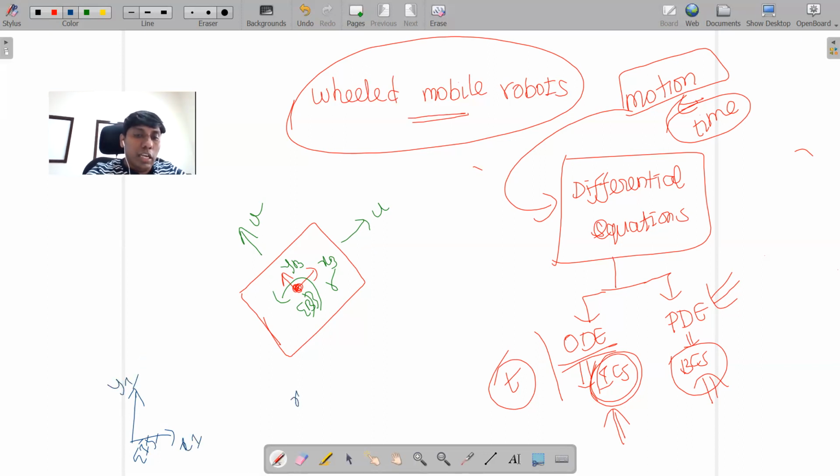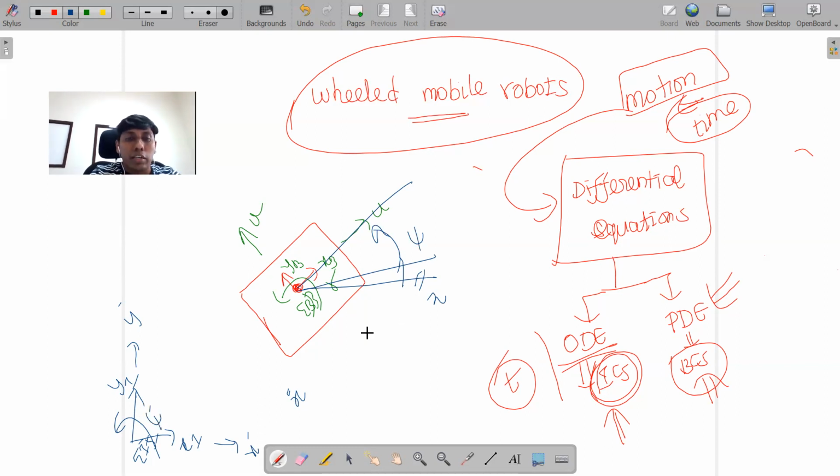So x dot is along this direction, y dot is along this direction, and I assume the angle between these two is psi, so this is psi dot. We are writing x dot, y dot, and psi dot in terms of u, v, r.